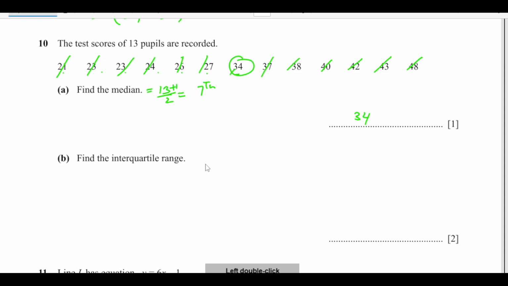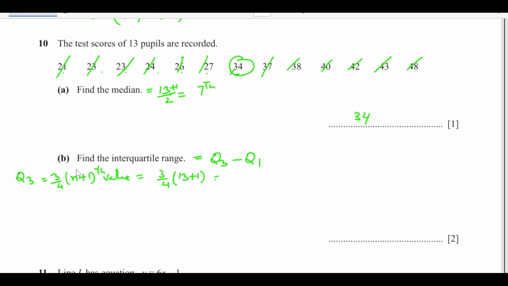Now the interquartile range. Interquartile range is the upper quartile minus the lower quartile. Upper quartile is Q3 and lower quartile is Q1. The formula to find the upper quartile, Q3, is 3 over 4 times n plus 1th value, actually not this number, the value. So 3 over 4, n is 13 plus 1, which is 14, 3 times 14 over 4, which is 42 over 4, that comes out to be 10.5.